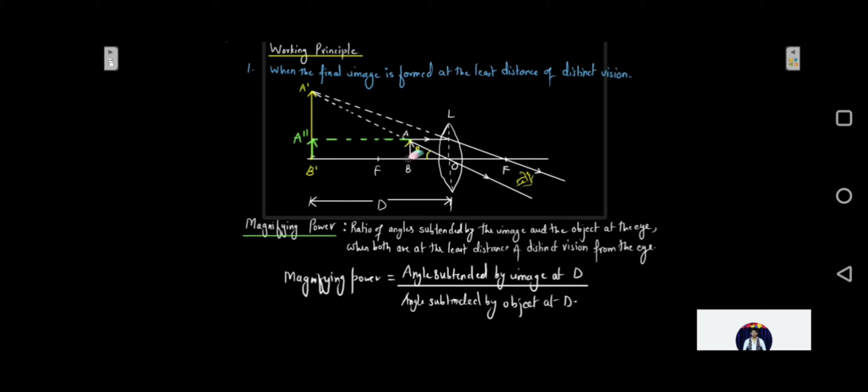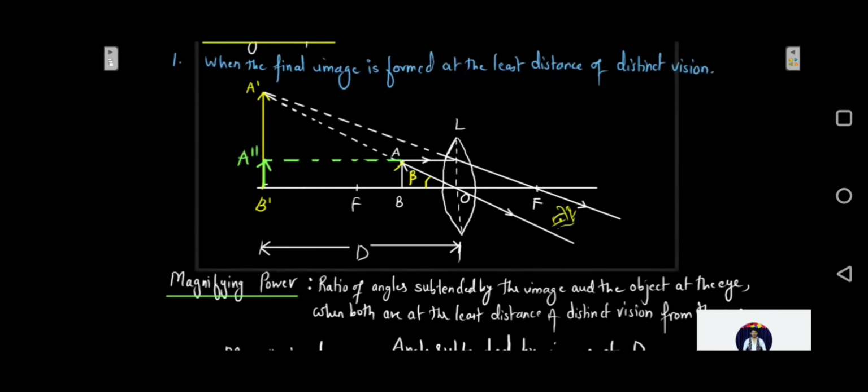I have shifted my object to the least distance of distinct vision because I want the angle subtended by the object at the least distance of distinct vision. Let me join this line too, over here, let this be dotted again. So the angle subtended by the object from the lens at the least distance of distinct vision is going to be this angle. Let us say that this angle over here is alpha.